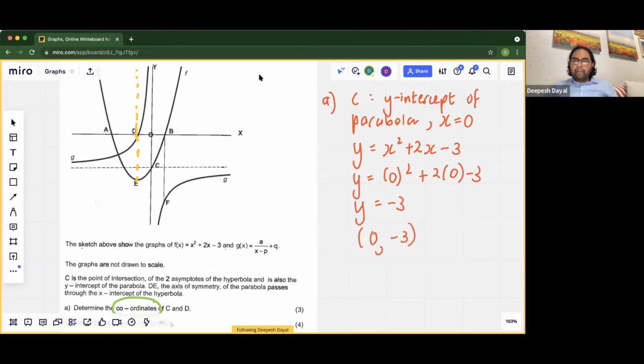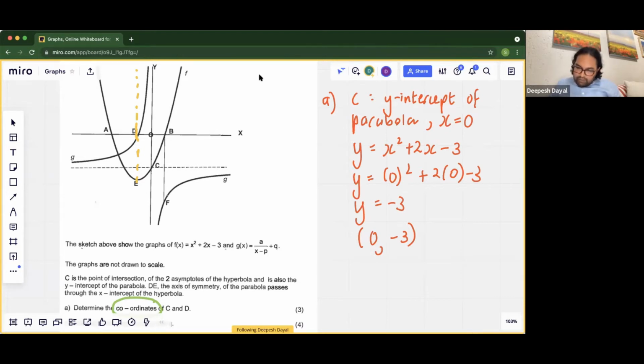So that is correct. Well done to those of you that got C is 0 and minus 3. Just check that out, Tumelo. It is minus 3, not 3, because it is on the negative side of the y axis, right?